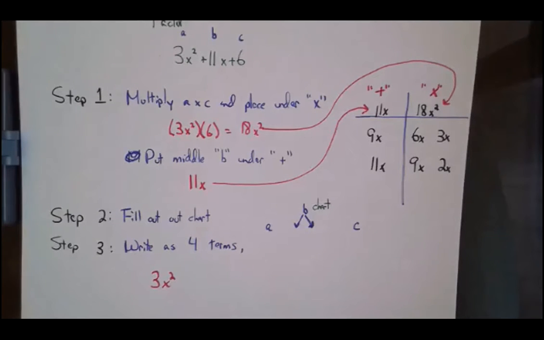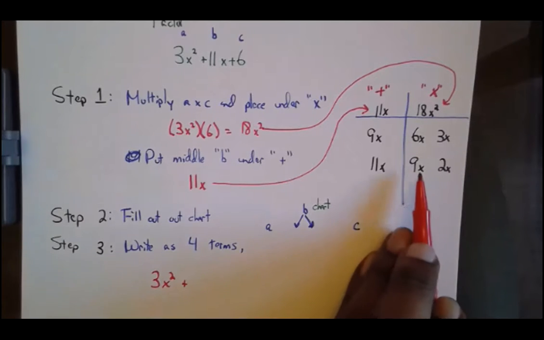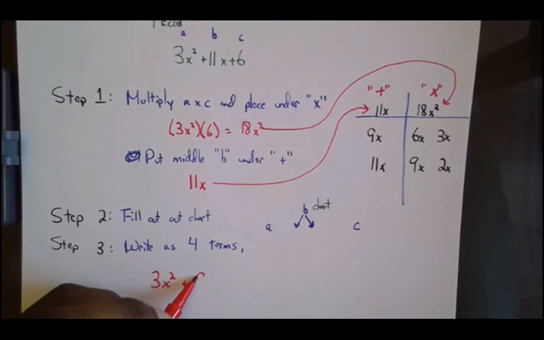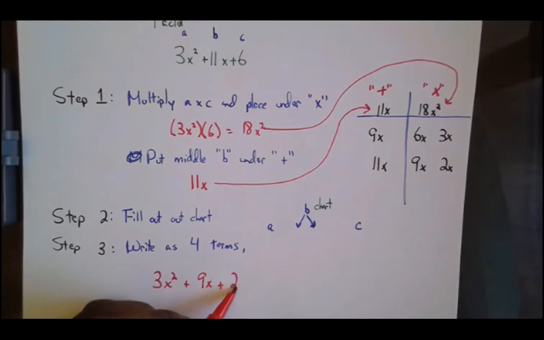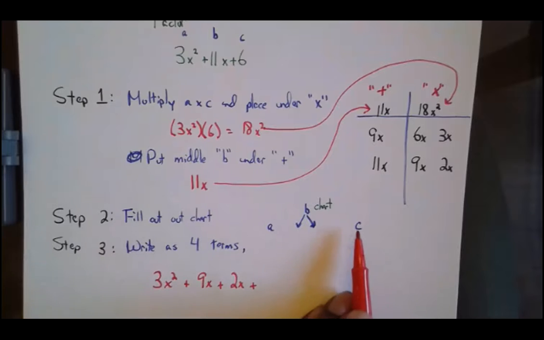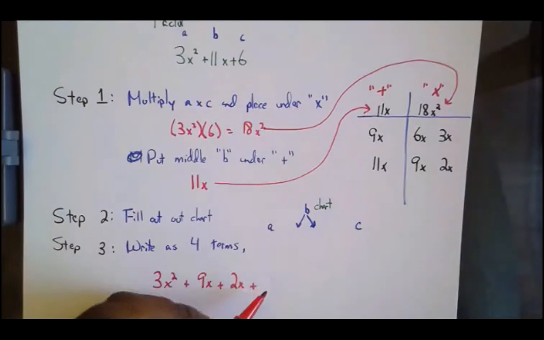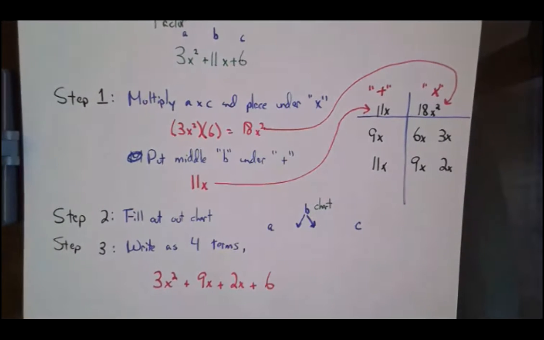Yes, Angela, that's very close. Second number comes from the chart, 9x. Third number comes from the chart, 2x. Fourth number is C, comes from there, 6. That's right, Jennifer. Just be careful with the x squared at the beginning.